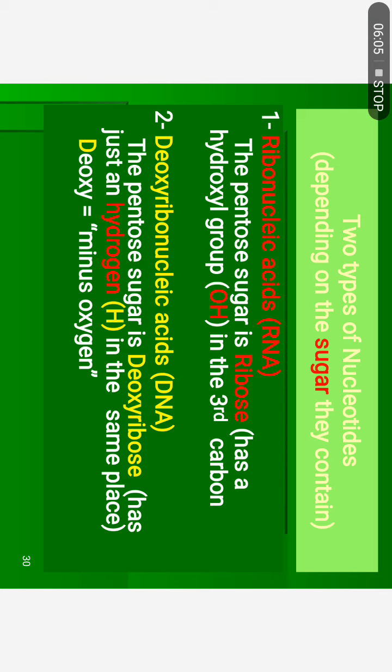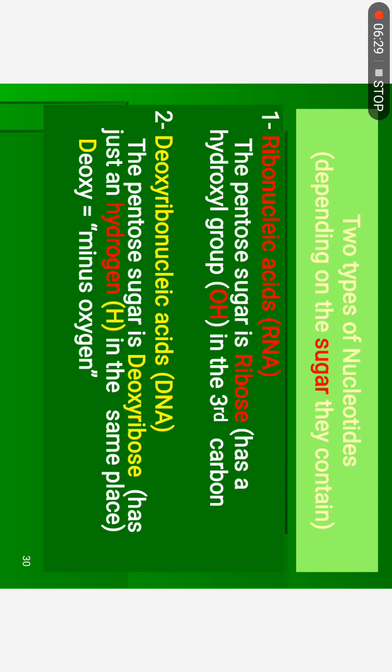We can see the sugars are almost the same. Ribose has a hydroxyl group, OH, at the third carbon, but for deoxyribose, instead of OH, there is only H. That means the O is missing at the third carbon.